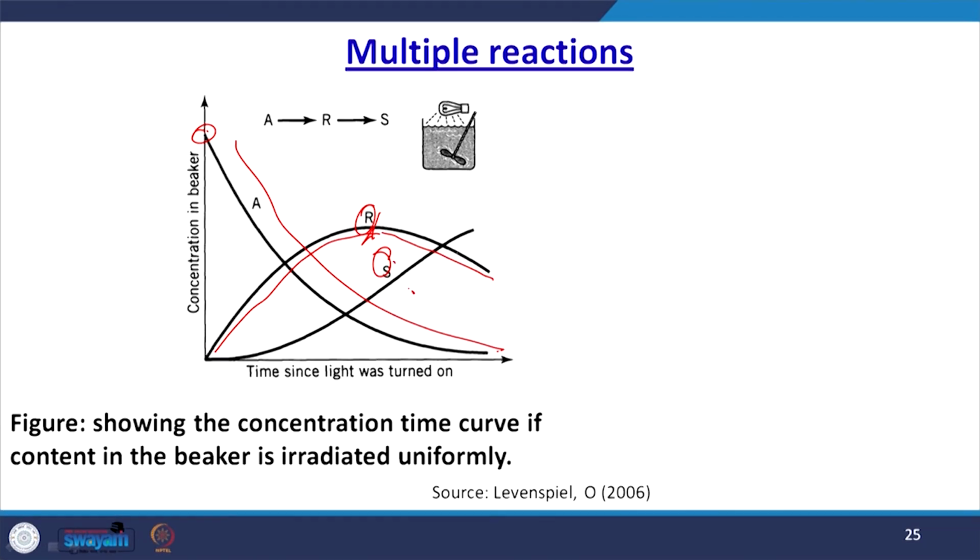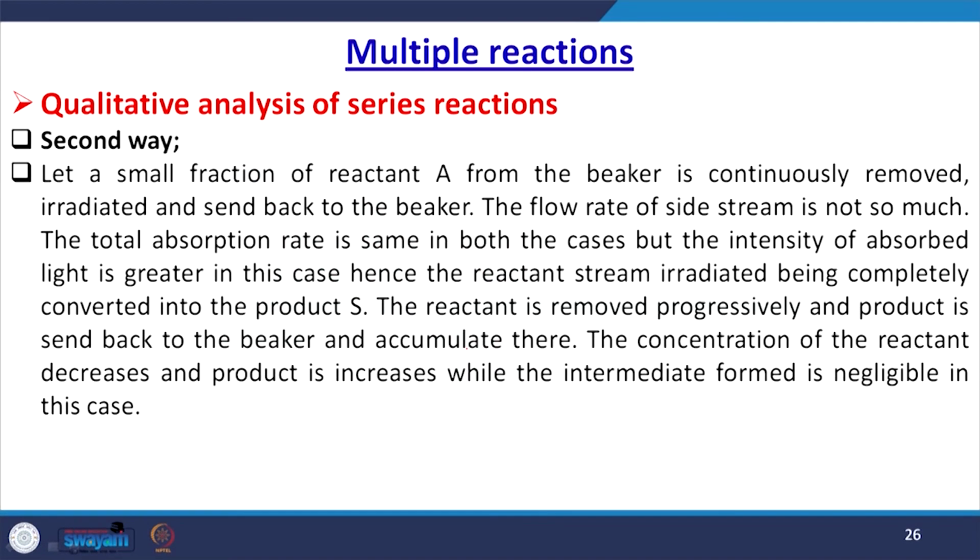Now this S, the unwanted product, initially had zero presence, and then over a period of time it gradually increases, and it has the tendency to increase as long as sufficient quantity of R and sufficient quantity of A is available in the reaction mass.